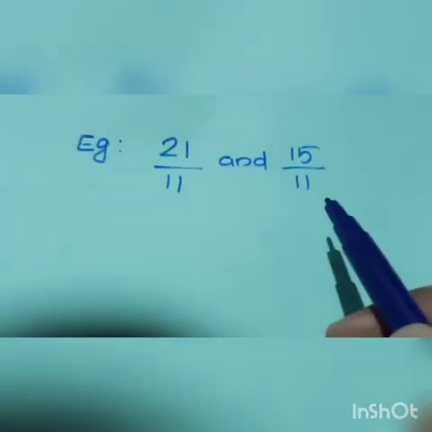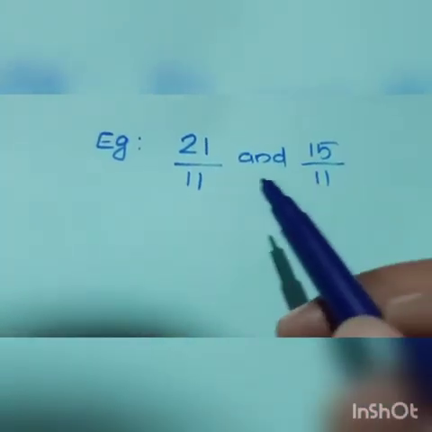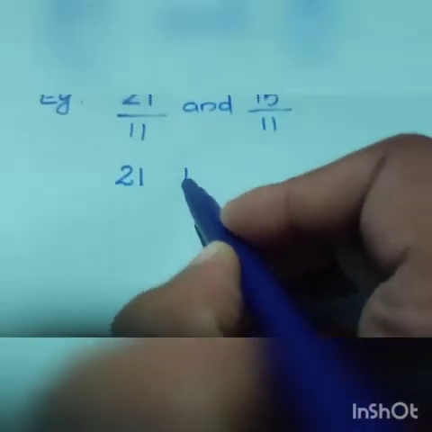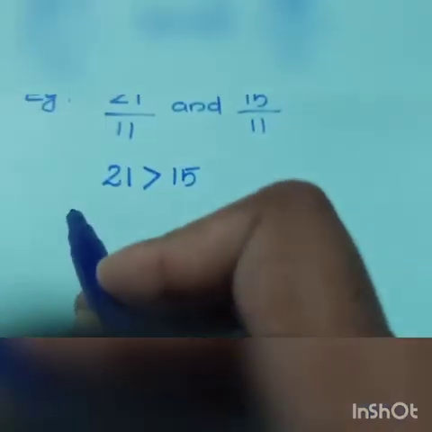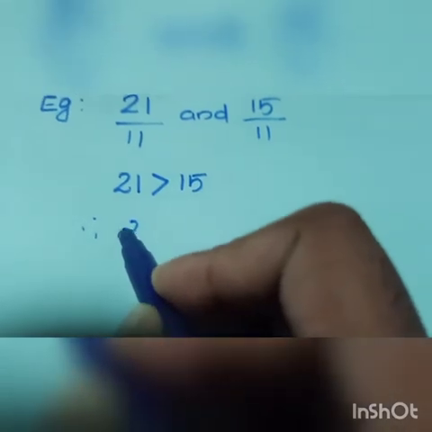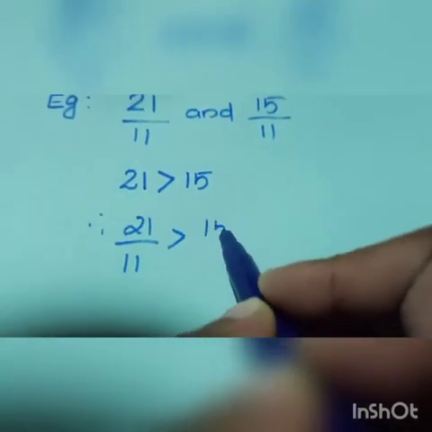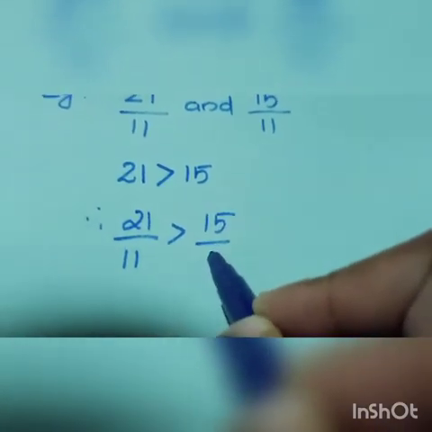These two fractions have the same denominators, so we compare numerators. Numerators are 21 and 15. 21 is greater than 15, therefore 21 by 11 is greater than 15 by 11.